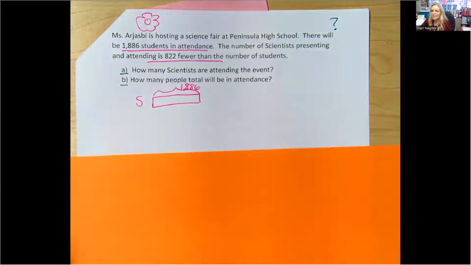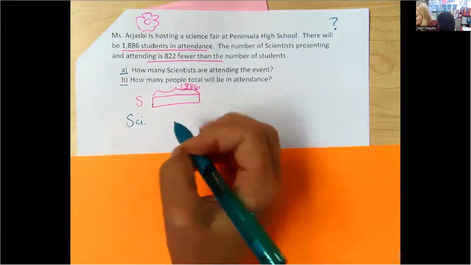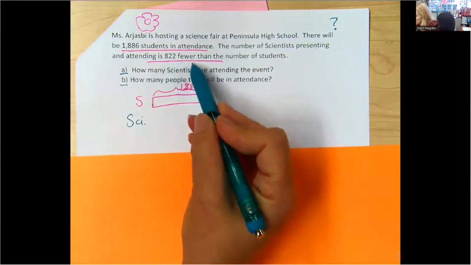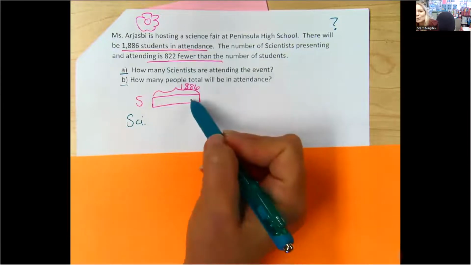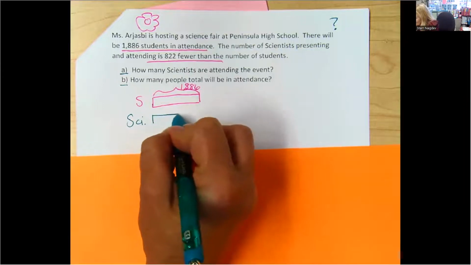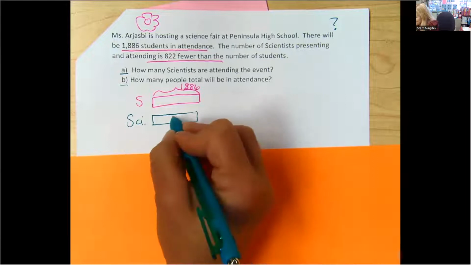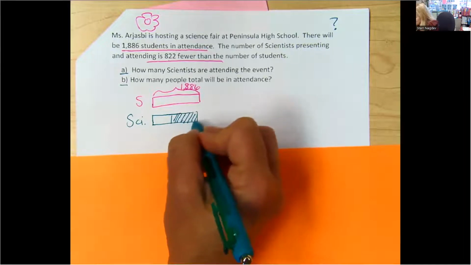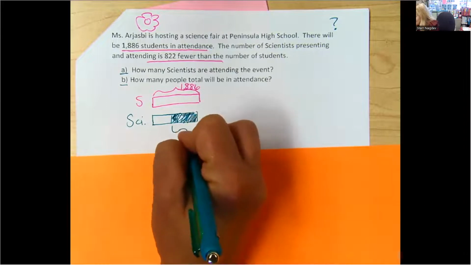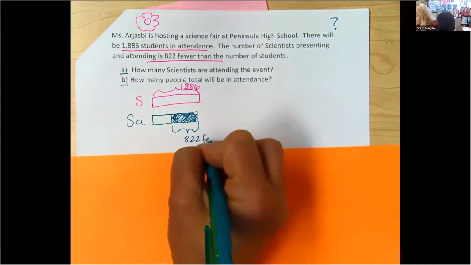Good. Then with the scientists, and I'm going to label them as Sci, we know that they have 822 fewer than the total students. So I'm actually going to draw a bar that's about the same length. And then I'm going to take away some. I'm going to take away that portion of the bar, and I'm going to label that as 822 fewer.